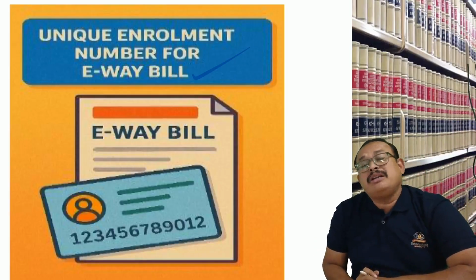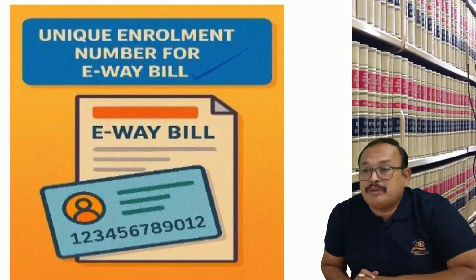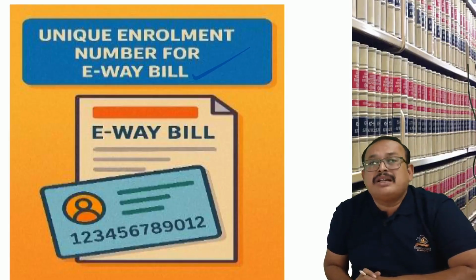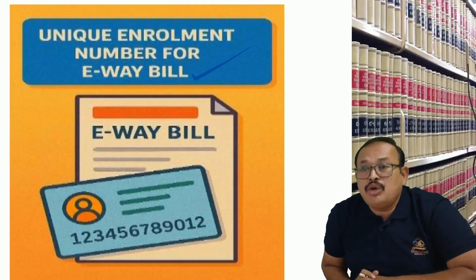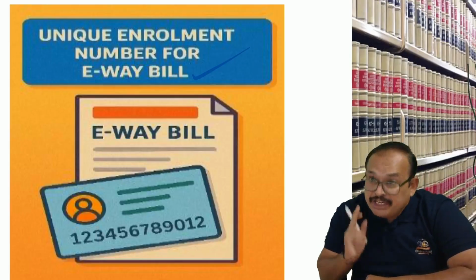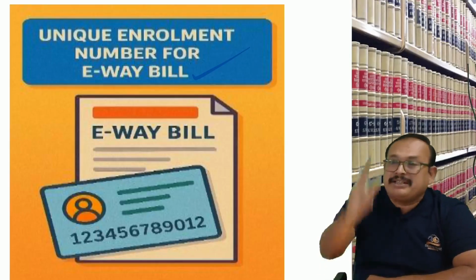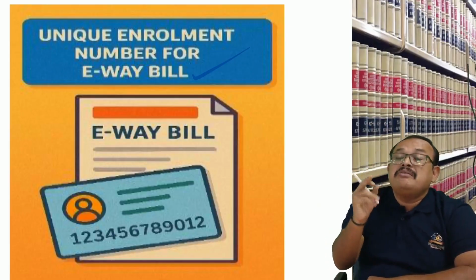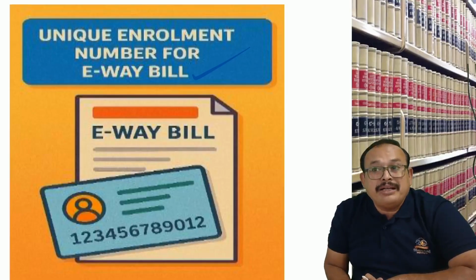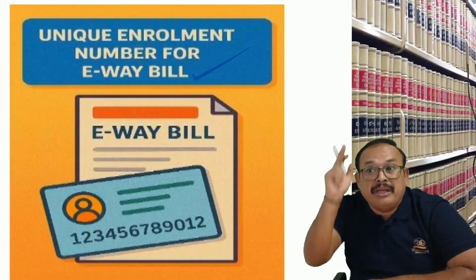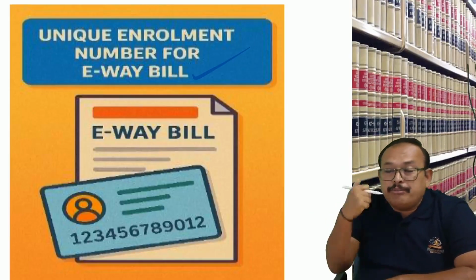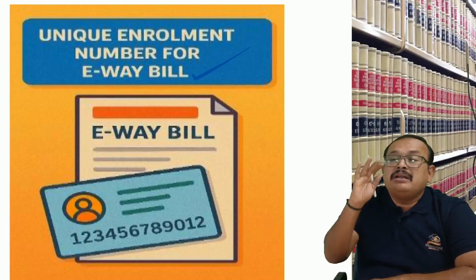Then you are in a position to generate EWB-01 Part A, and the same can be handed over to the transporter to generate EWB-01 Part B. Once EWB-01 Part B is generated and submitted in the system, the e-way bill validity commences only after uploading Part B, not Part A. If only Part A is generated and Part B is not generated, the e-way bill does not commence.